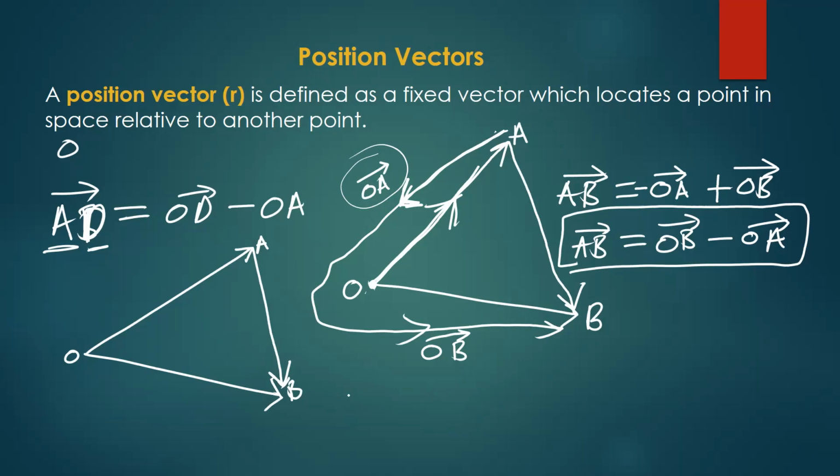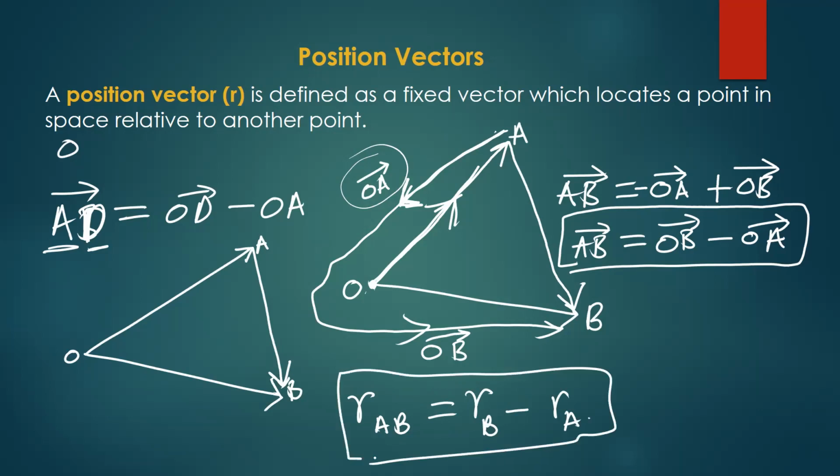Instead, I'll be using RAB. So to find RAB, this is just going to be RB minus RA. This is a very important equation that you need to know.